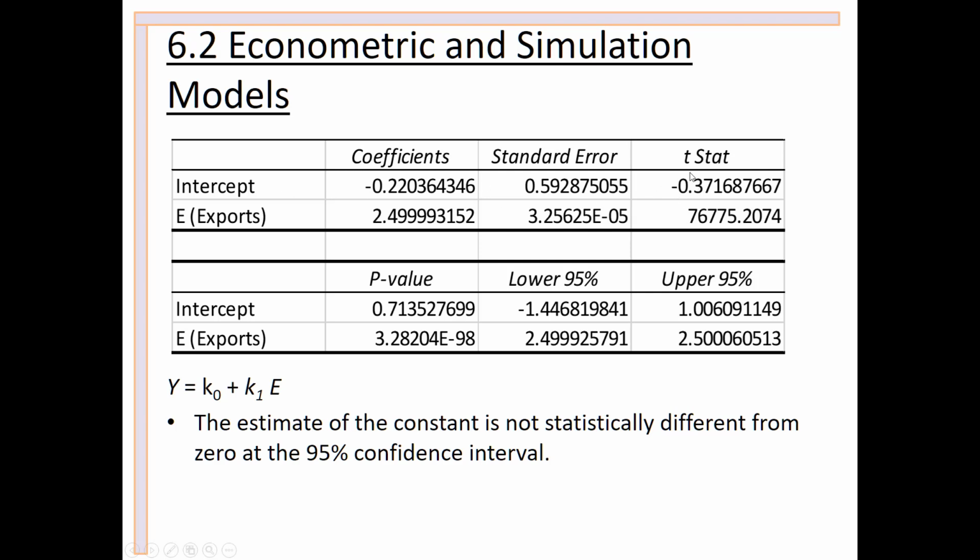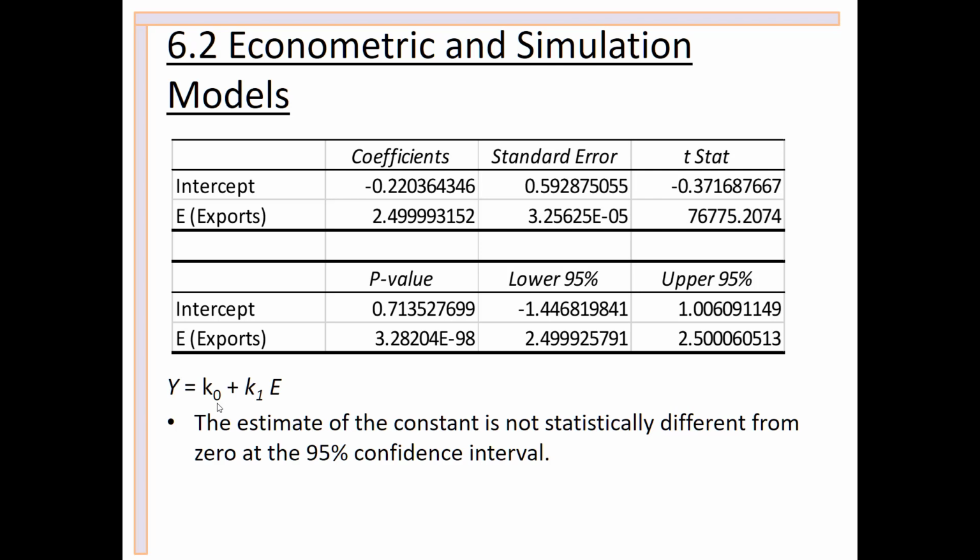Now you can see that the t-statistic of the intercept is small. The absolute value is smaller than 1.96. And in fact, if you look at the 95% interval, 0 is contained in it. Therefore, I cannot conclude that my coefficient of K0 is statistically larger than 0. And in fact, since I invented the data, I know it's equal to 0.